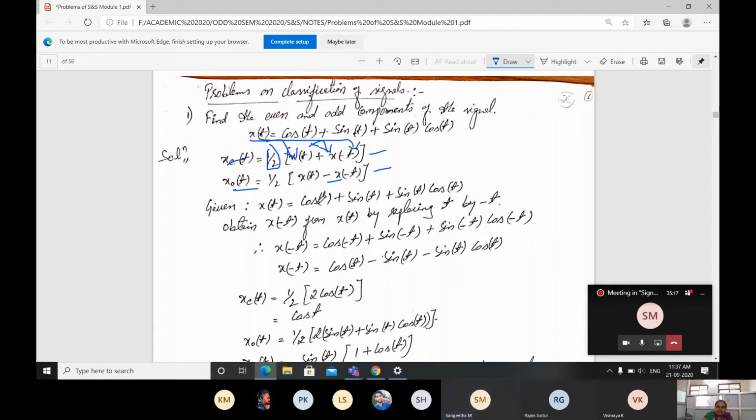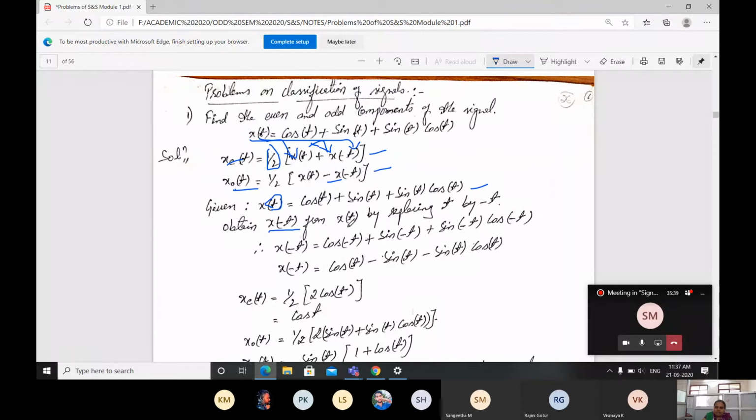Okay. Next, the given equation is x of t equals cos t plus sin t plus sin t cos t. What you have to do is obtain x of minus t. To obtain x of minus t, just replace t with minus t.